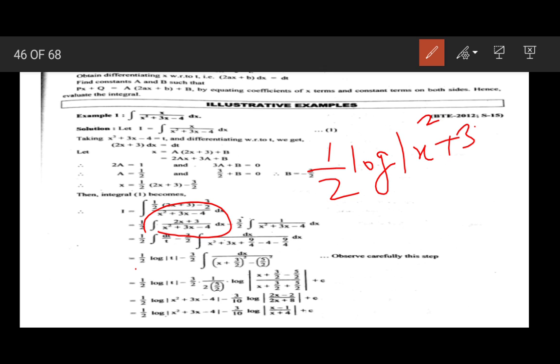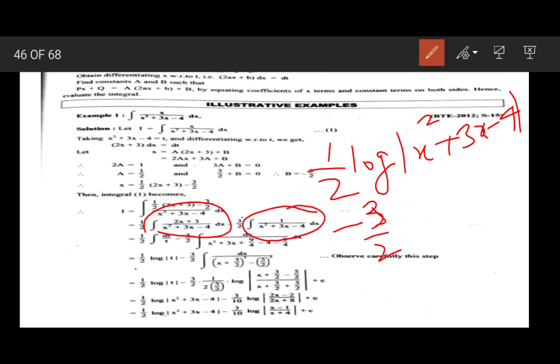So this will be 1 upon 2, right? Then integral of this part, numerator is a derivative of denominator, hence it will be log of x square plus 3x minus 4. Then minus 3 upon 2, right?